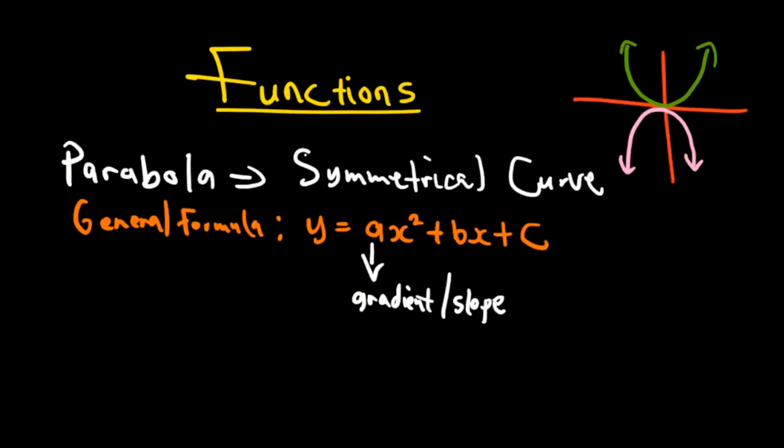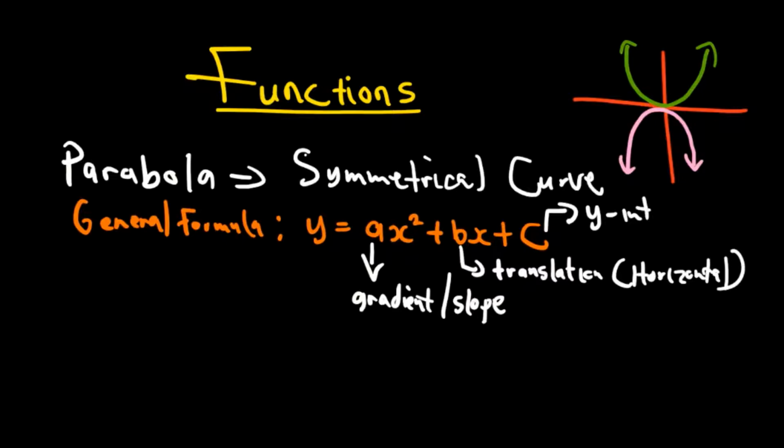So it defines the slope of the parabola. And this one here, it defines the translation in the horizontal of the parabola. And then this one here is your y-intercept, right? So that is what is in this standard formula of a parabola.